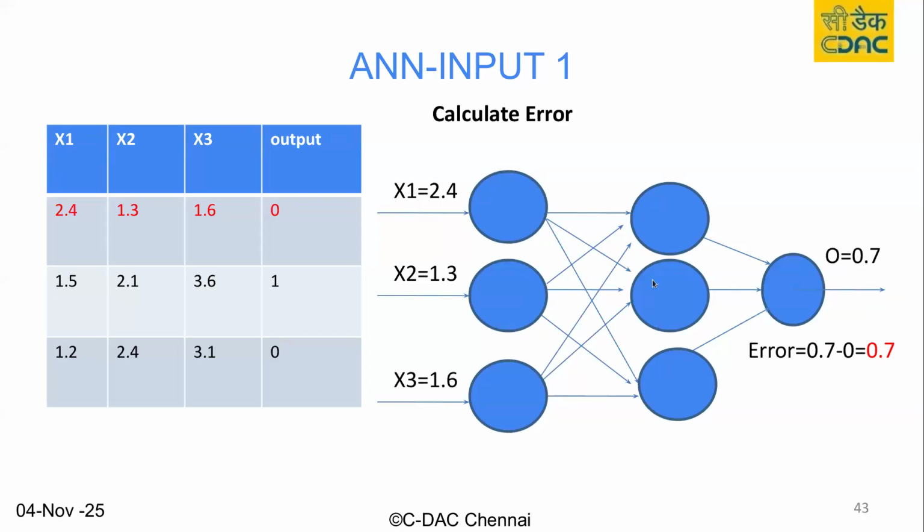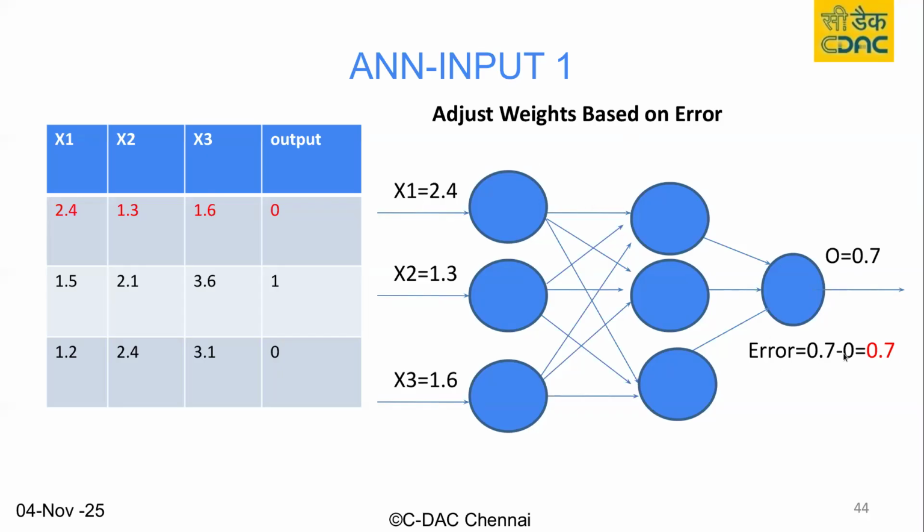So first I will calculate the error. The error is 0.7 minus 0. If you get an output of 0, that error will be minimized.